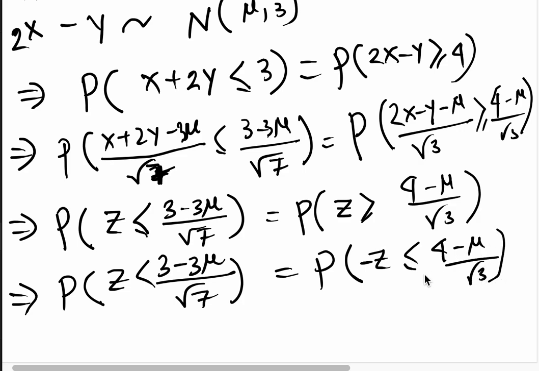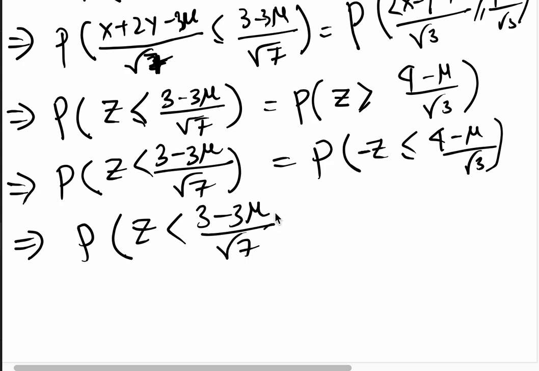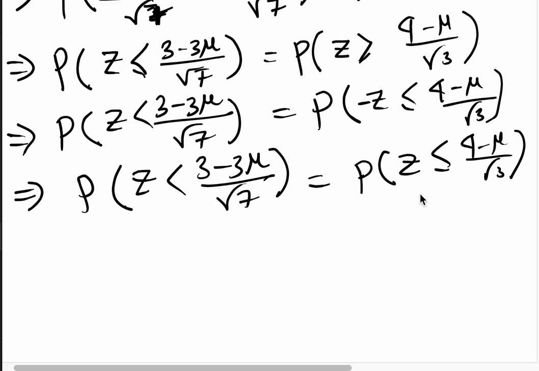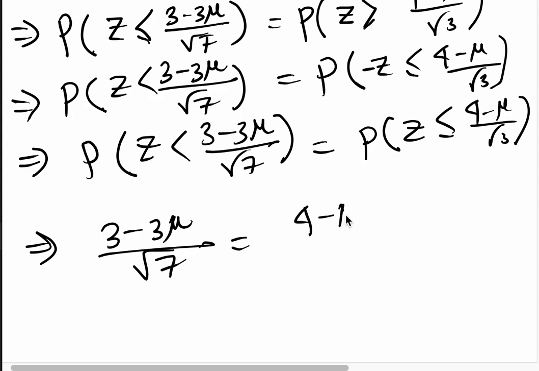Since it's a symmetric distribution, symmetric about Z equals 0, this is the same as the probability of Z less than or equal to (4 minus mu) by root 3. And from the two sides we can say that (3 minus 3 mu) by root 7 is equal to (4 minus mu) by root 3.